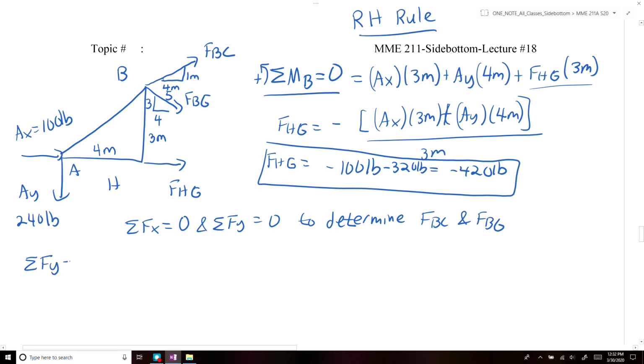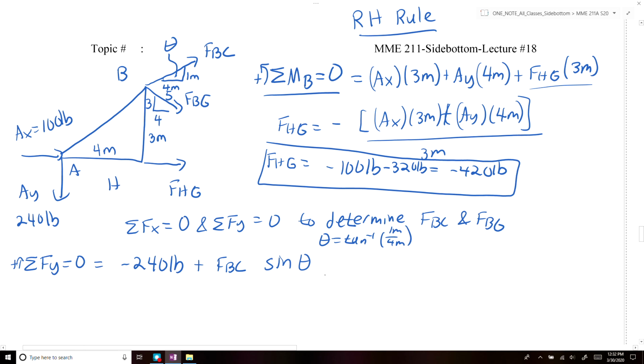If you sum all the forces in the y direction and set that equal to 0, we should end up with minus 240 pounds, that's from A_y, plus F_BC times the sine of the angle, I'll call this angle theta, where theta would be equal to the inverse tangent of 1 meter over 4 meters, and then F_BG would have a negative 3/5 component along the y direction.